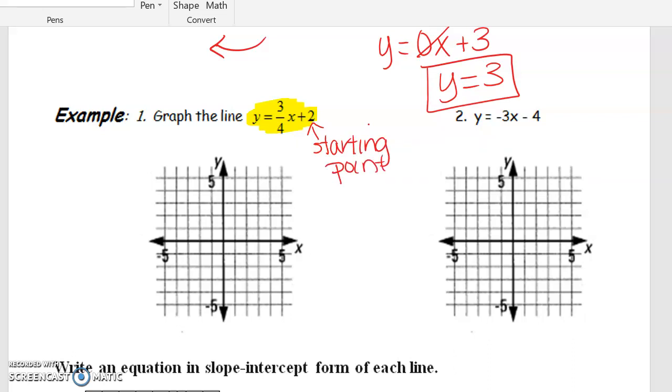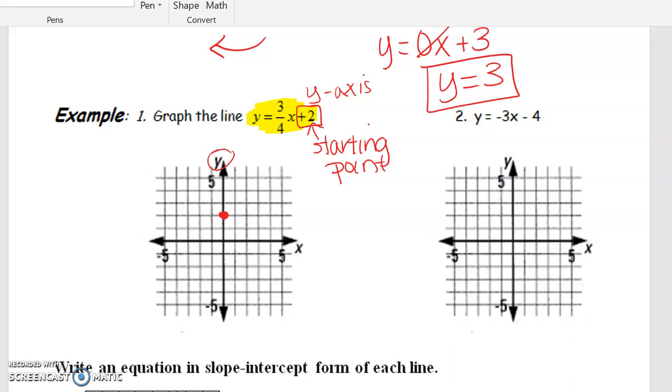We talked at the start of the notes about how our y-intercept is where the line crosses the y-axis. Remember, our y-axis is our vertical axis. So if my intercept is +2, I want to find +2 on that y-axis, and that is my starting point for my line. Again, you always start with your b value on the y-axis.